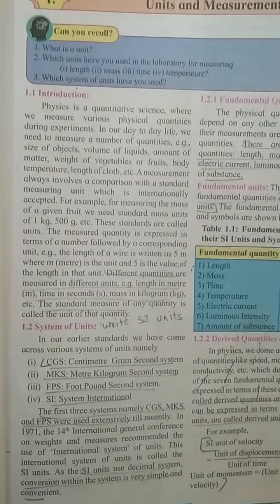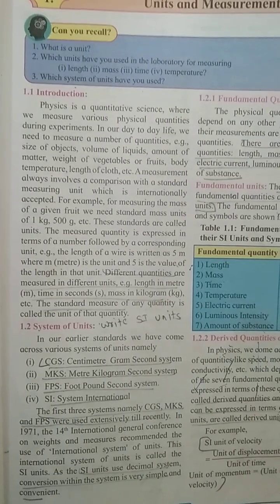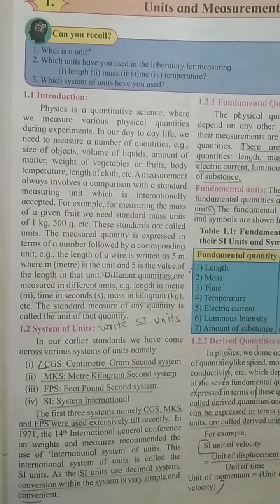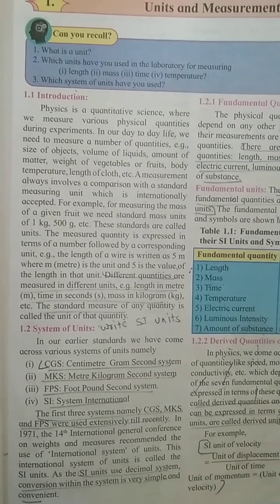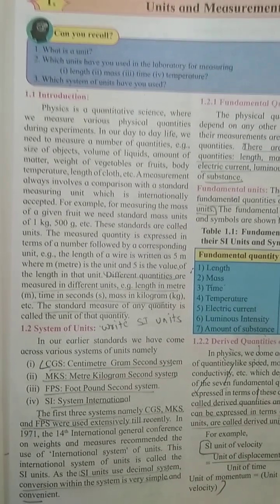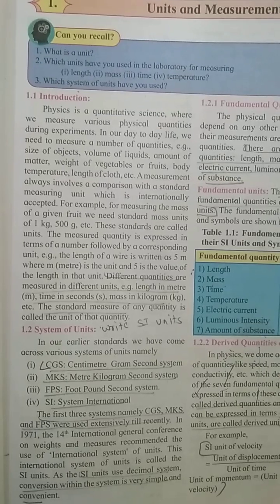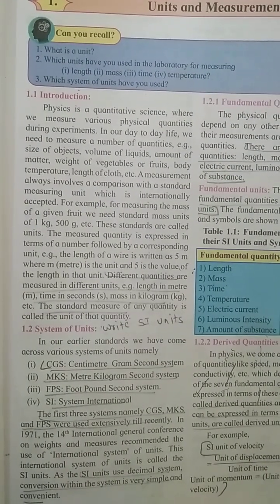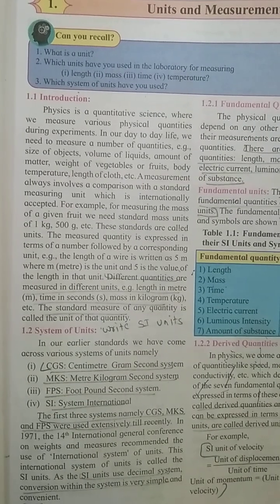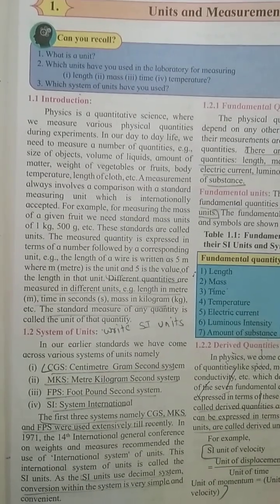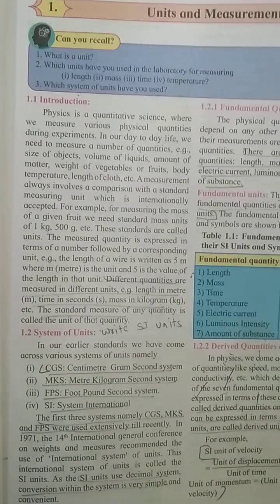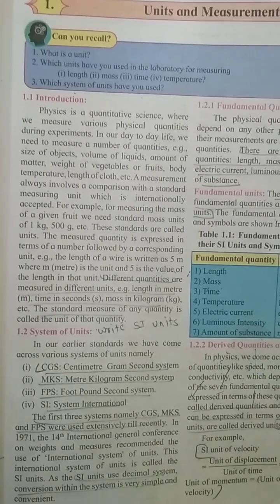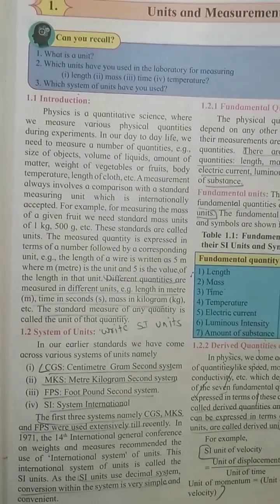Measurement always involves comparison with a standard unit which is internationally accepted. For example, for measuring the mass of a given fruit we need standard units like 1 kg, 15 grams, etc. In the market, for fruits we take 1 kg or 50 grams, meaning half kg.